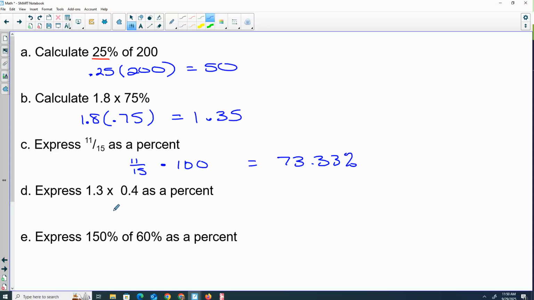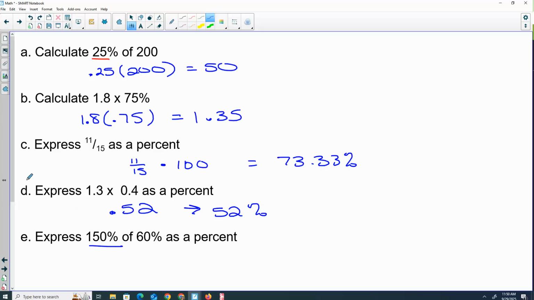Okay, if I said 1.3 times 0.4, that gives me 0.52. What would that be as a percent? 52%. Always move your decimal twice. Or multiply by 100.